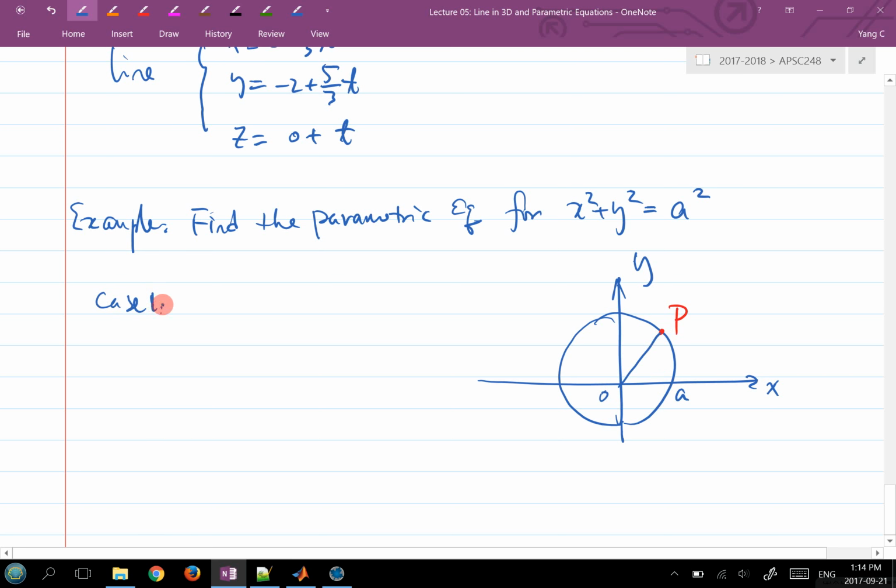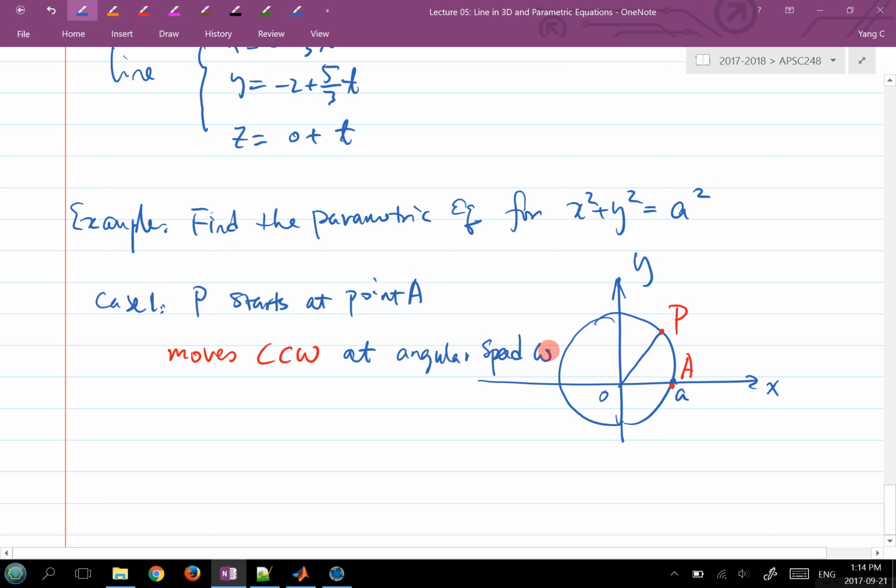Suppose P starts at point A, which is this point here. It starts here and moves counterclockwise at an angular speed omega.